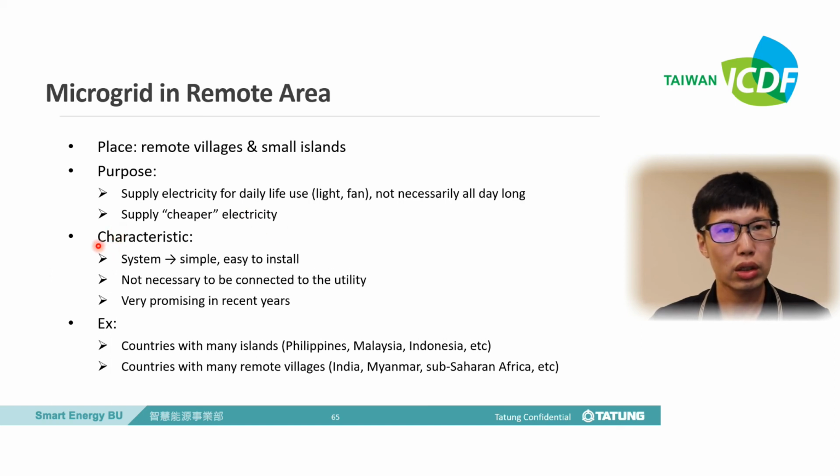The characteristics of this microgrid are that the system is simple and easy to install, and it is not necessary to be connected to the utility, and it is very promising in recent years. For example, in countries with many islands, like the Philippines, Malaysia, or Indonesia, or in countries with many remote villages, like India or Sub-Saharan Africa.